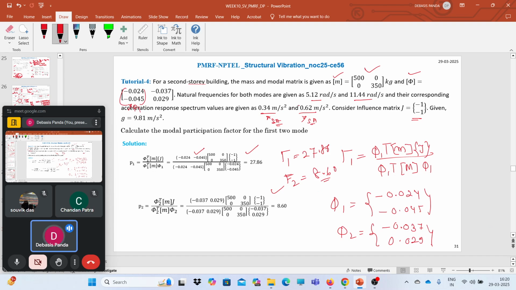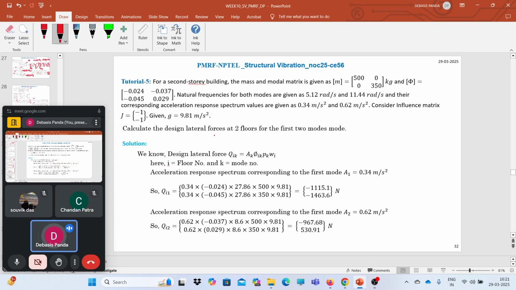Now all the things are given, like natural frequencies are given, and the corresponding spectral acceleration values are given. So now we can also find out the other quantities, like calculate the design lateral force at the second floor.